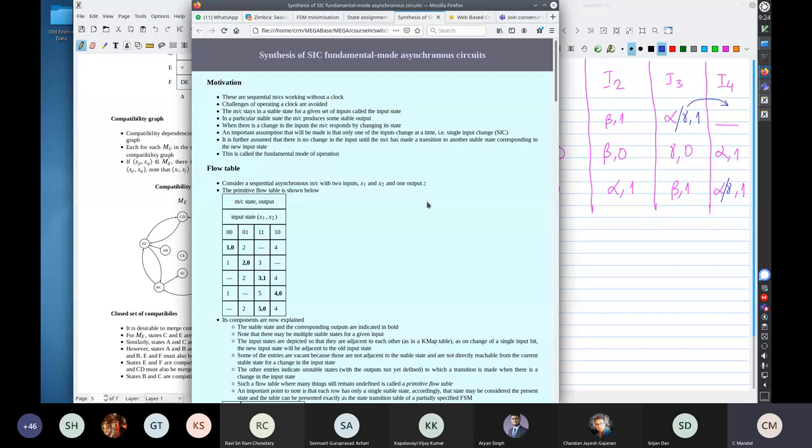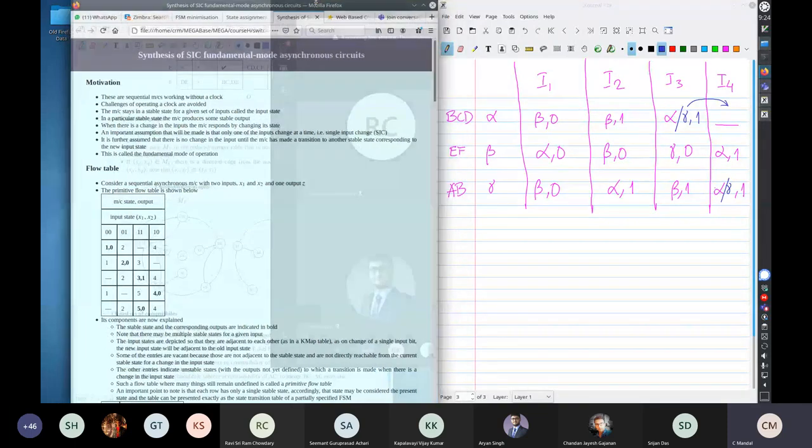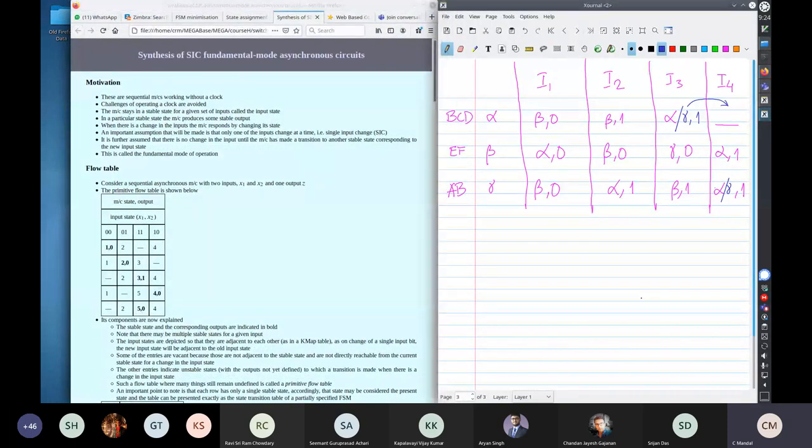So far you have been looking at synchronous machine design. The important aspect of synchronous machine design is that you have a clock. Let us say this is the rising edge of the clock, and this is the falling edge.